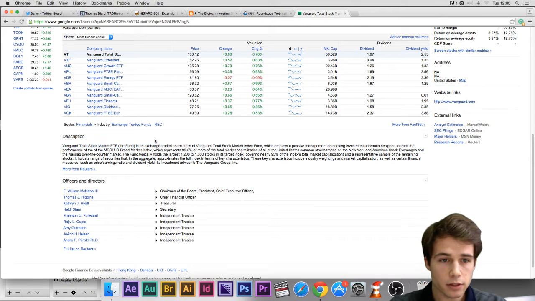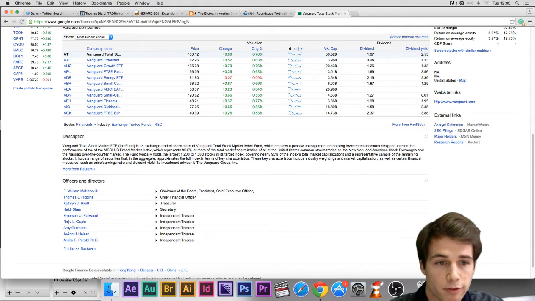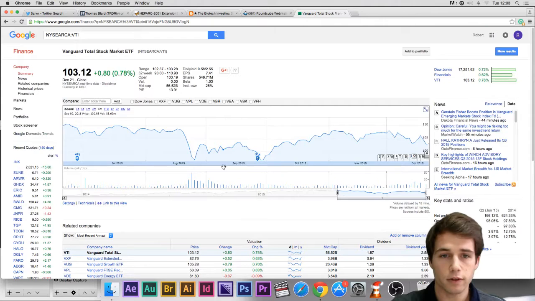It says here the Vanguard Total Stock Market ETF is an exchange-traded share class of Vanguard, which employs a passive management or indices investment approach to track the performance of the MSCI US Broad Market Index. So this represents a huge market capitalization of the entire U.S. market. This is a good way to diversify when you're first starting out.